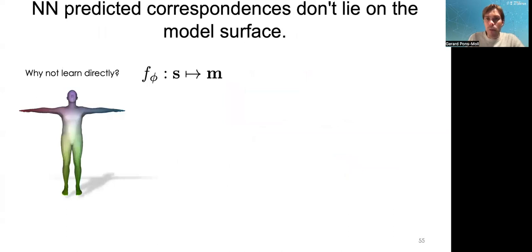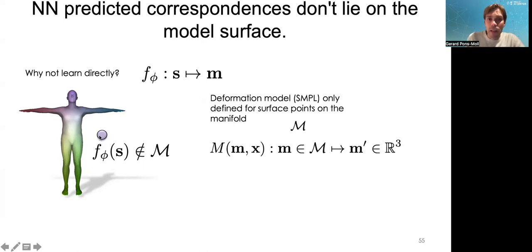All right, so the question is, why not learn this directly? Well, one problem is that, again, the network can predict outside the manifold. This will be a problem because I don't even know how to plug this point into the simple model, because the simple model is not defined for points outside the surface. So this is basically what we define here.